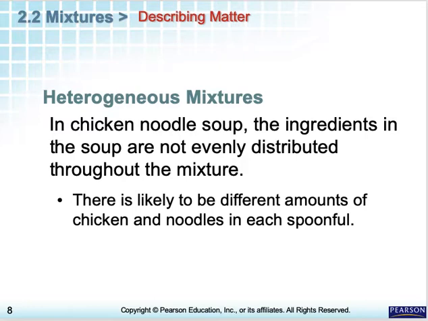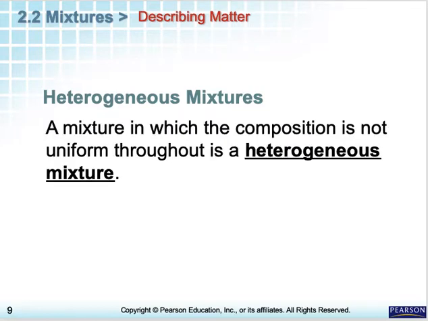Each spoonful would be a different amount of chicken and noodles and hopefully the same amount of broth. So a heterogeneous mixture is a mixture in which the composition is not uniform throughout. Another example would be a granite countertop. Why we like granite is that it has those various areas that are lighter and darker, and it has veining running through it.